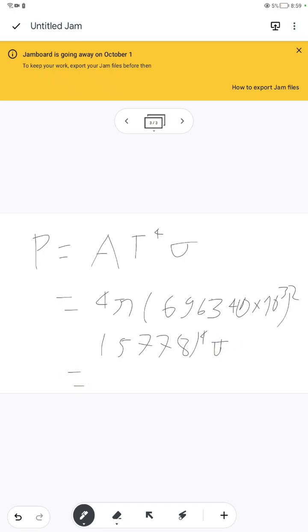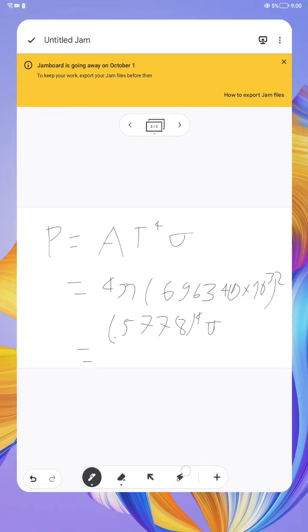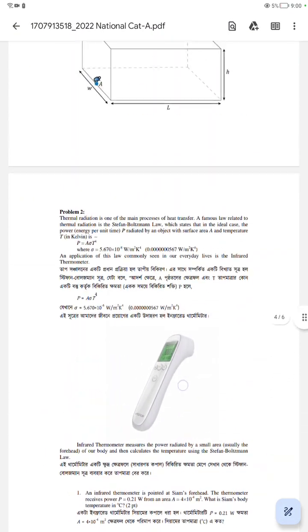So in the calculator, I will plug in 4 pi times 696,340 times 10 cube, converted to meters, and then square it times the temperature to the power of 4. So 5778 to the power of 4 times sigma, and obviously I'm going to check the value of sigma again.